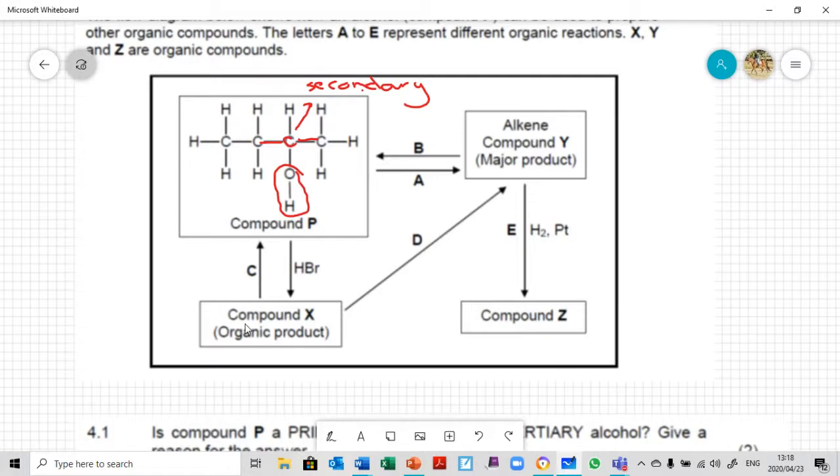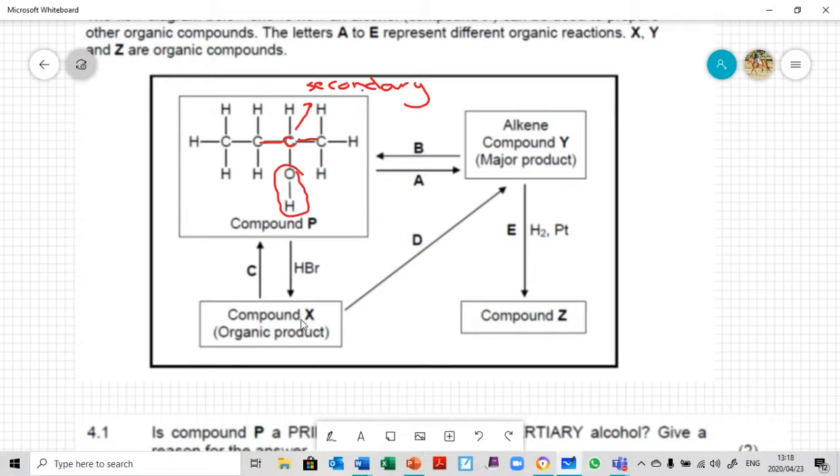But if I have an OH and under the right conditions, I add a halo acid, in this case, HBr, then this will end up being a substitution reaction.